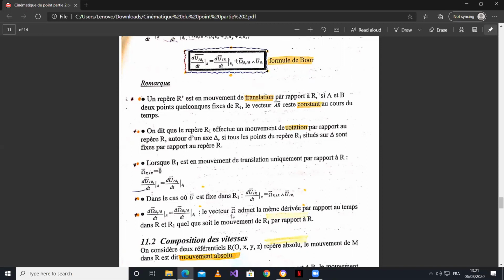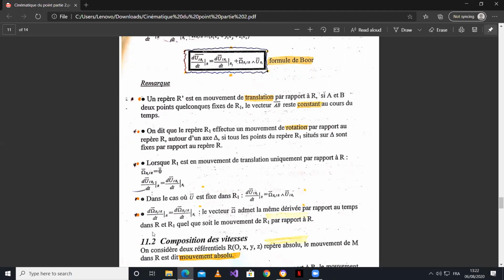And they're telling us the vector vitesse angulaire ou le vecteur oméga admet la même dérivée par rapport au temps dans R et R1. So these two are equal. Whether you derive la vitesse angulaire dans R1 or dans R, it's going to be the same thing. Okay, it doesn't depend on the referential you're in.